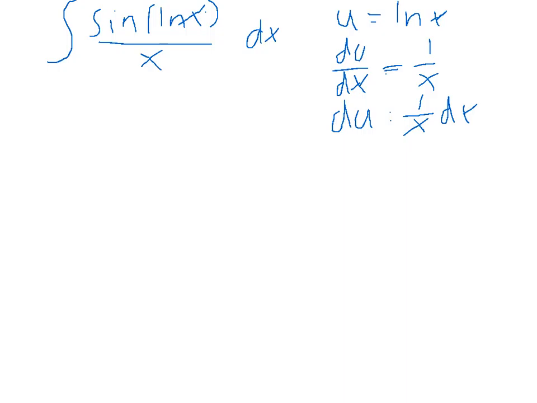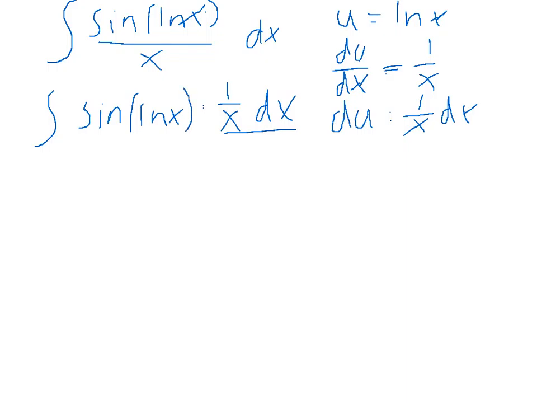If we rearrange the equation, we can make du appear. So sine of ln of x times 1 over x dx. It's right there. Then we replace all the x's with u's. So sine of u, as you can see, ln of x is u, the integral of sine of u times du, because this whole thing here is du.